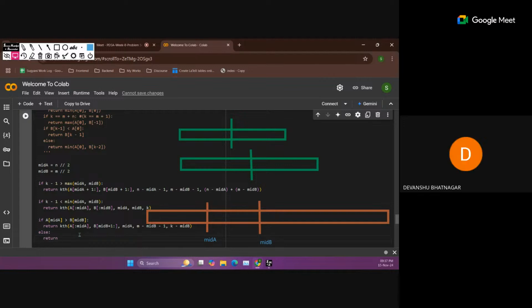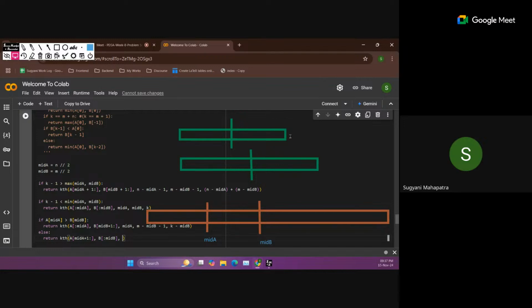Then we should look at the right half of A and the left half of B. The right half of A will be middle of A plus 1 colon, and the left half of B will be colon to middle of B. What is the length of N?